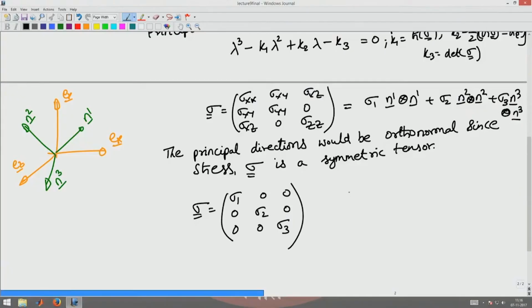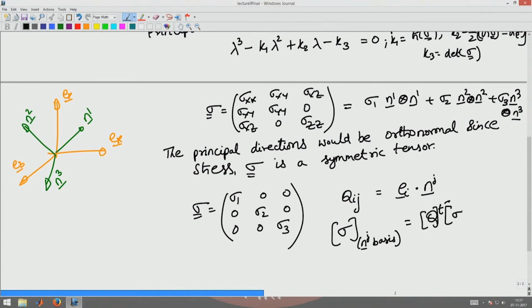Now, we can define an orthogonal matrix Qij, which is Ei dotted with Nj. Then I can get sigma in the matrix form in the Nj basis as Q transpose times sigma in the Ei basis times the Q matrix.